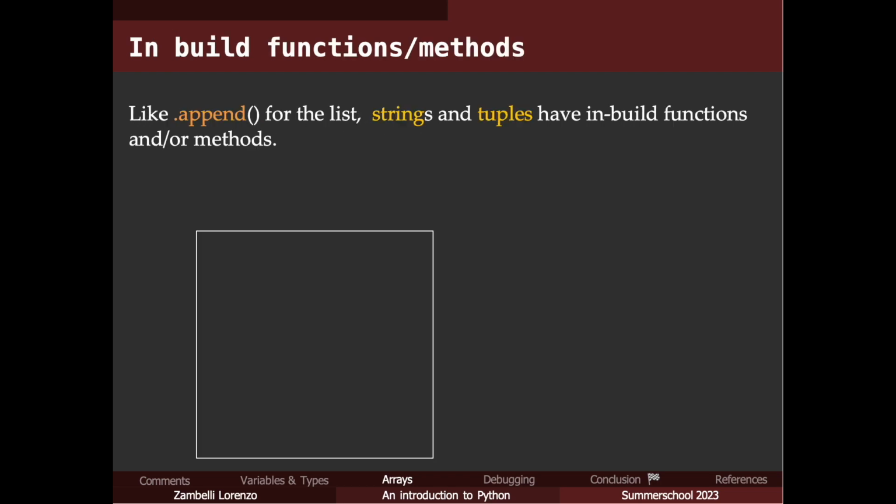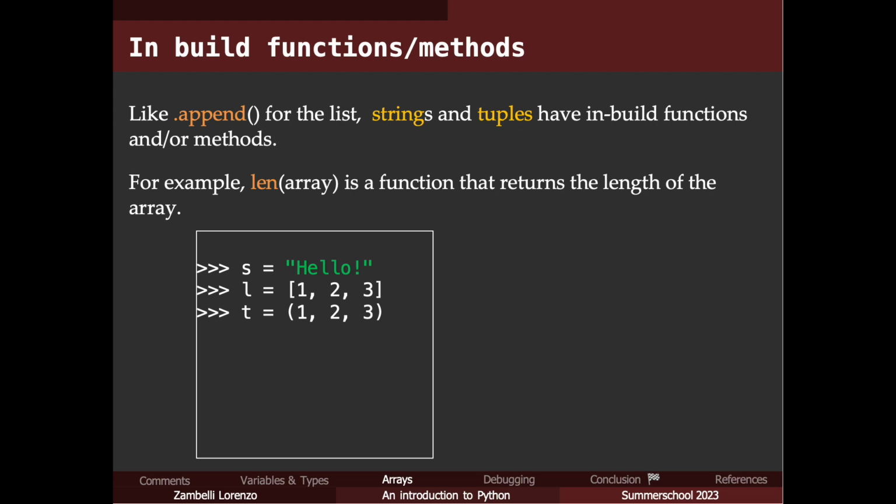Inbuilt functions and methods. So, like append for lists, strings and tuples also have inbuilt functions, called methods. An example is the len function, which works for any array, and it returns the length of the array. In this case, let's consider our string hello, at least 1, 2, 3, and 2, 1, 2, 3.